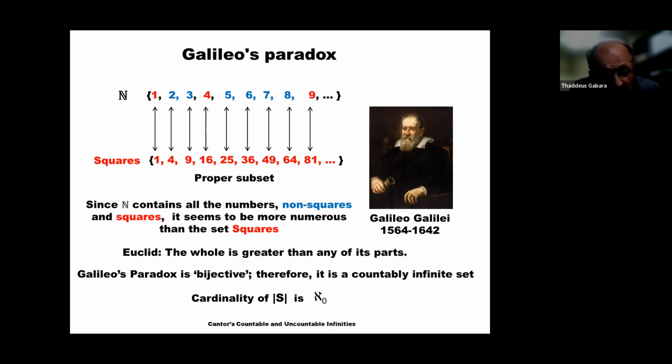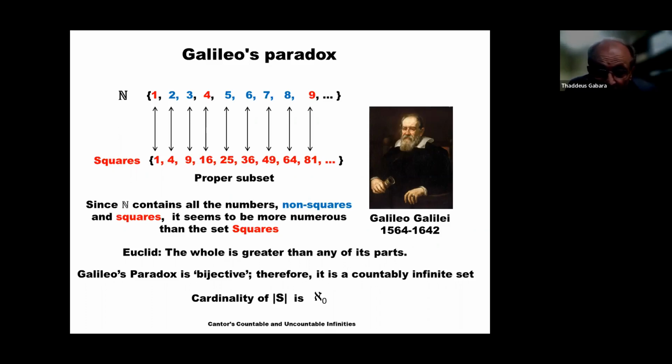And Galileo used the technique of one-to-one correspondence. Now, it's kind of interesting. You see that the squares are a subset of N. Furthermore, if you take a look at N, it contains not only the squares, which are shown in red, but it contains all the non-squares.